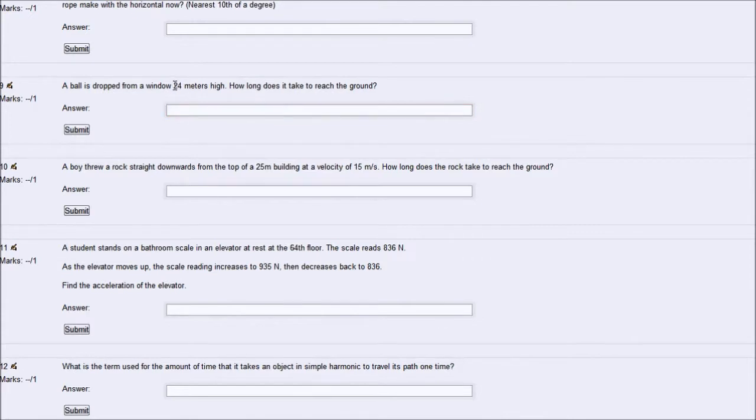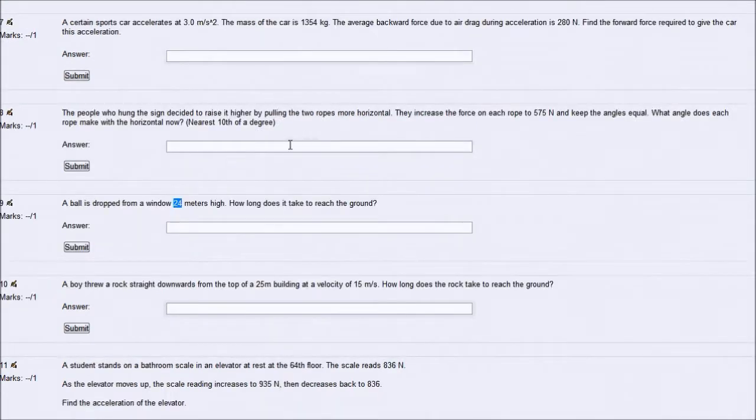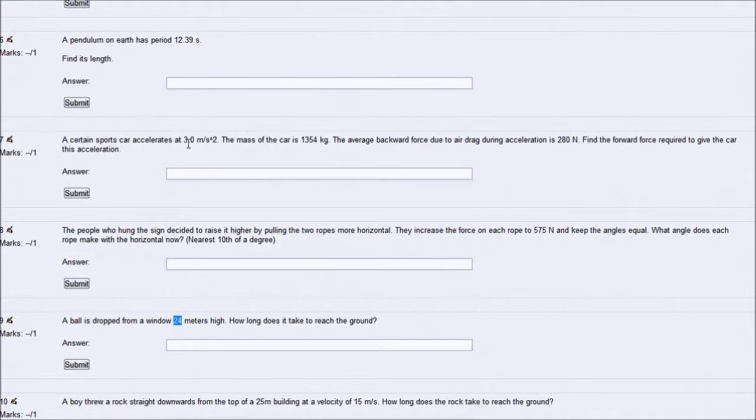But on these questions, the numbers are randomly selected every time the question is generated. On most of them. On some they aren't for bizarre reasons. But this 3.0, your neighbor might have gotten 4.6. This 1354, your neighbor might have gotten 1276. Who knows? Okay?